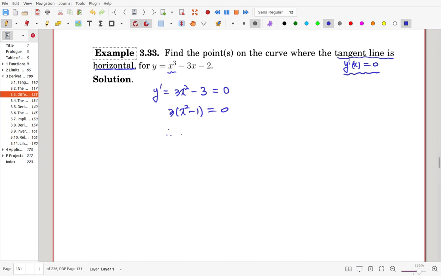So here x is plus or minus 1. At plus or minus 1, the derivative is 0, so the tangent line should be horizontal. So that is the final answer.